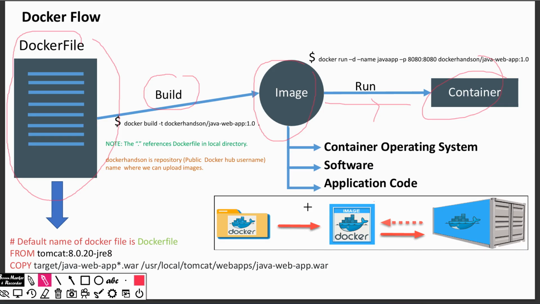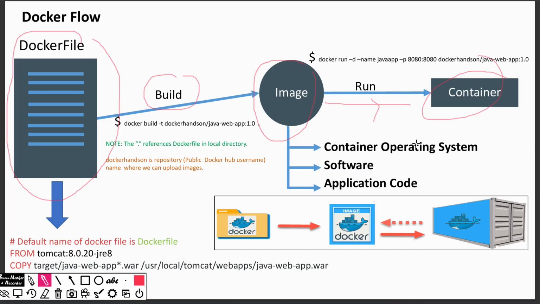Docker Hub is the Docker default registry where you can save your images or pull images. In Docker Hub you can find default images, like a Tomcat application server or an Nginx server. Whatever image you want, you can simply pull those default images.